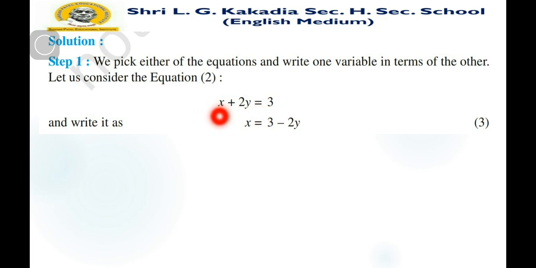We move 2y to the RHS, then we get x is equal to 3 minus 2y. So now we have converted this equation into one variable in terms of the other variable. So here we have x is equal to 3 minus 2y.